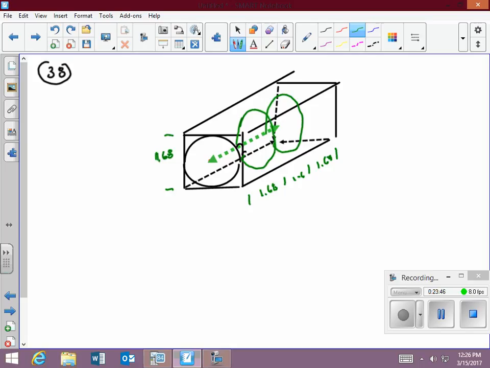So we want surface area. So this is 1.68. So the surface area is going to be 2 times the area of the end plus the circumference times, and what did you say this total was? Total is 5.04. I guess I could put 3 times 1.68.